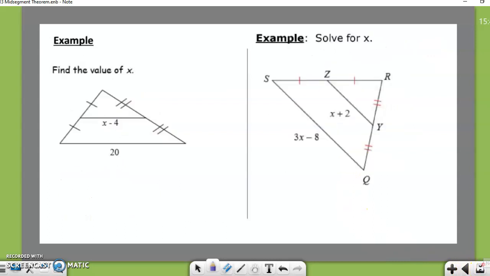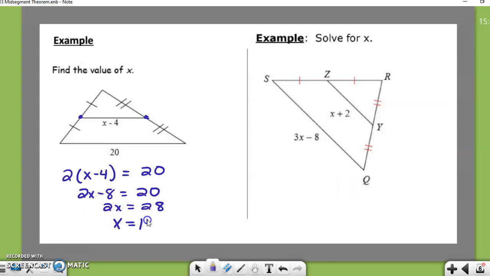Okay, let's look at a couple more examples. We'll add a little algebra into it this time. So now I know from the notation that's a midpoint. That's the midpoint, making this a mid-segment. So 2 times this amount right here equals that. So 2 times x minus 4 would equal 20. Don't forget to distribute. Add 8 to both sides. Divide by 2, and x equals 14.